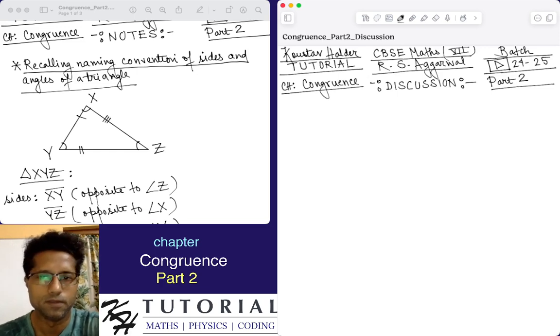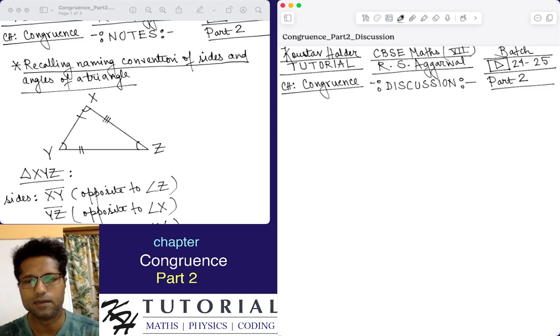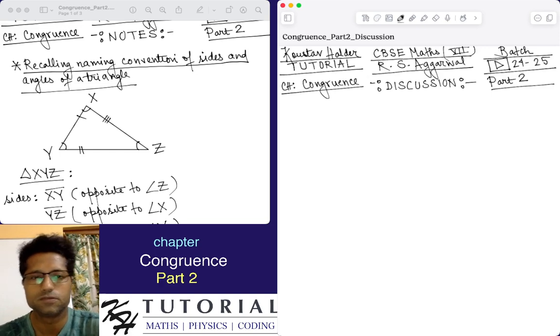You can name it other ways, like YZX or ZXY. So you can name a triangle in different ways based on the letters of its vertices. In this triangle, the vertices are X, Y, Z, so with these 3 letters in different orders, you can name the triangle.